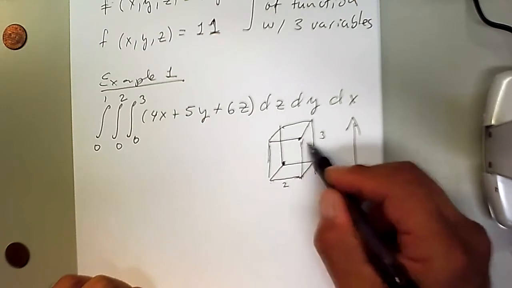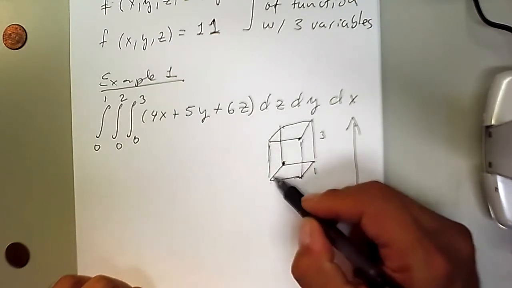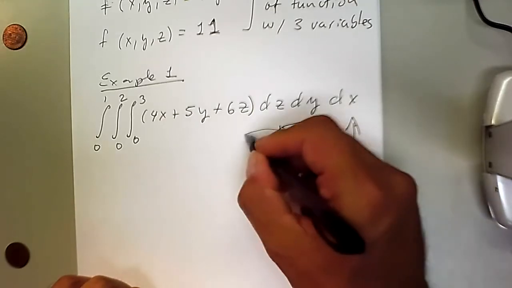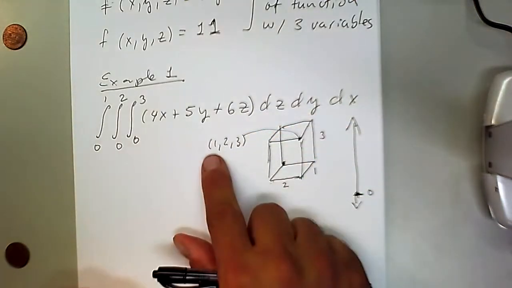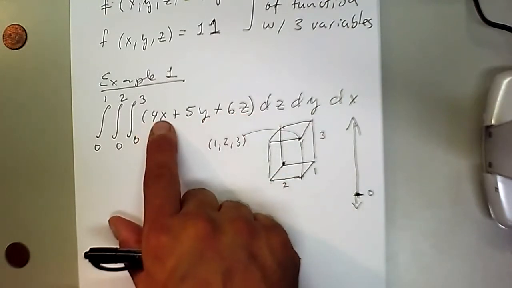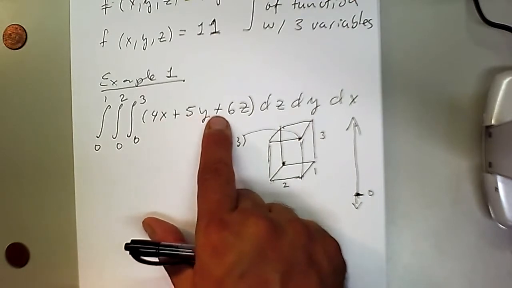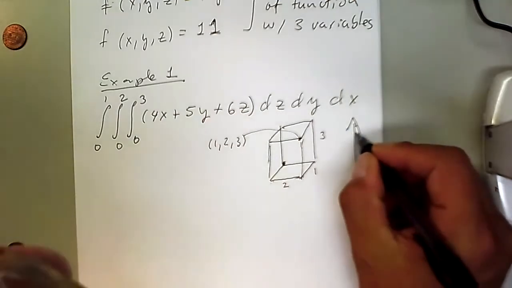This vertex of the cube has coordinates 1, 2, 3. And when we plug 1, 2, 3 into this, we get 4 times 1 plus 5 times 2 plus 6 times 3. And that would be the highest output we obtain.